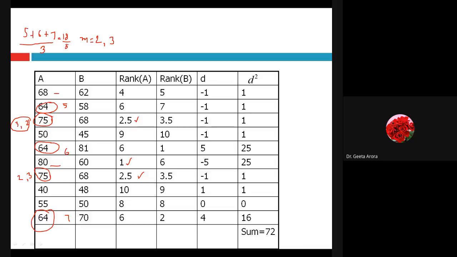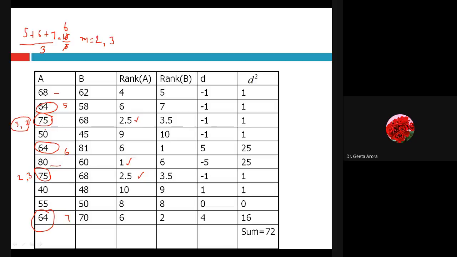Hope you are getting it. If you are not, be sure to do it by yourself and see how we have written these values. First, we saw that at the second and third positions we are getting the same values, so we took the average 2.5 and gave both of them rank 2.5. Up to the fourth rank it was fine, and again when we look for the next value, we get the fifth, sixth and seventh values, which are all the same.